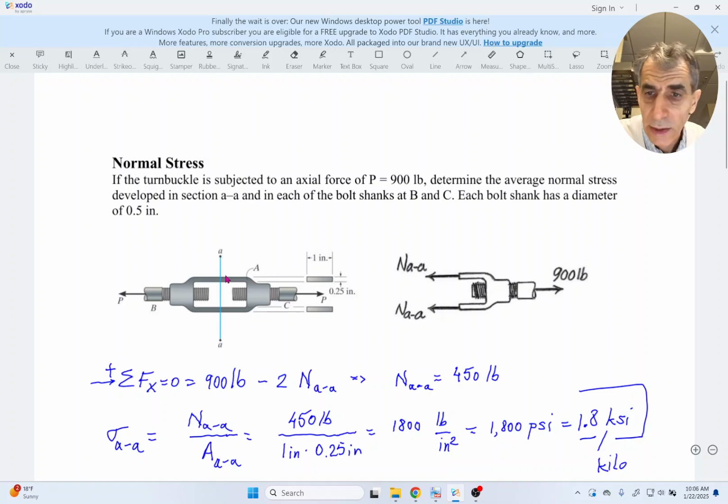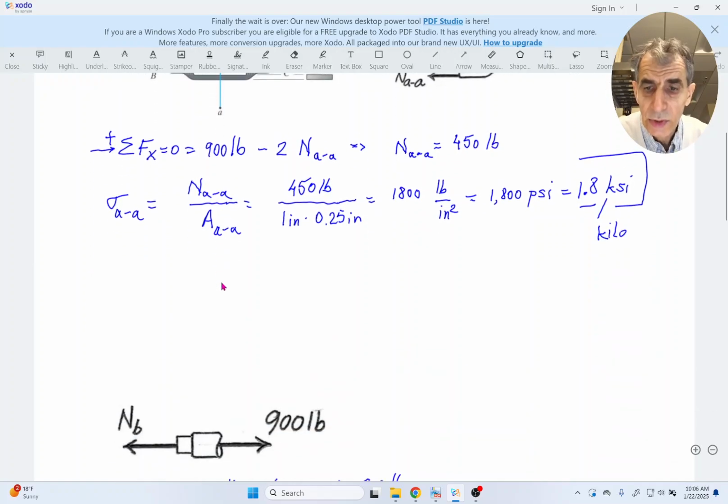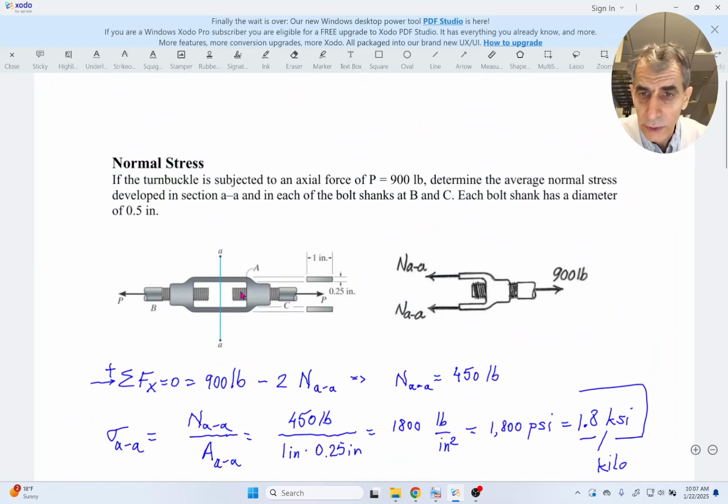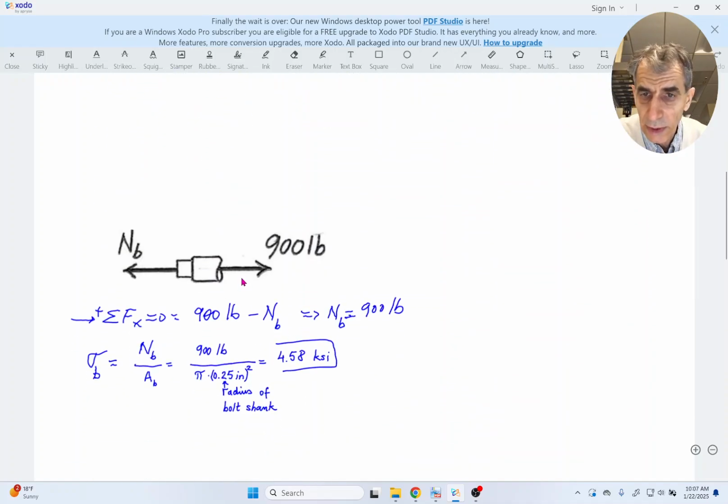The problem is asking not only to find the normal stress in the sides of the turnbuckle, but also in the shank of the bolt, and it's giving us a diameter of 0.5 inches. So again, we take the shank right here and build another free body diagram. The normal load there would be, by observation, 900 pounds.